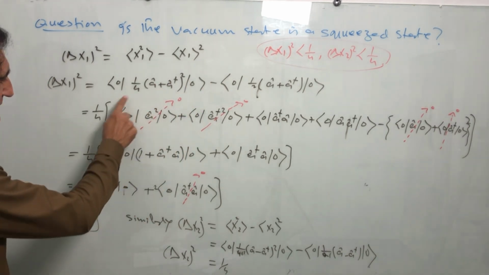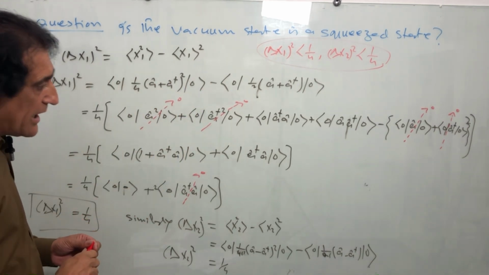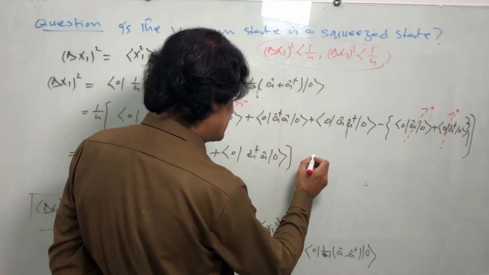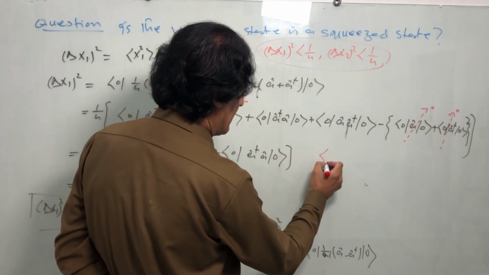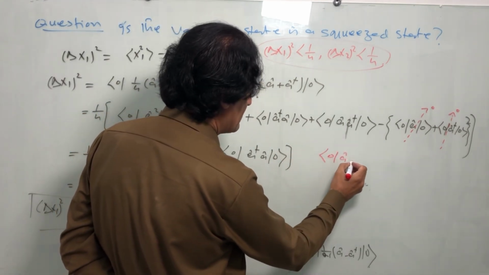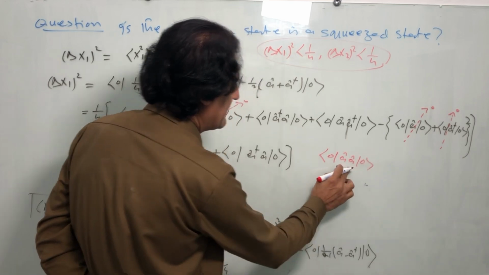Now the first term is equal to 0, but how? You can see that I can write this a² in this form.